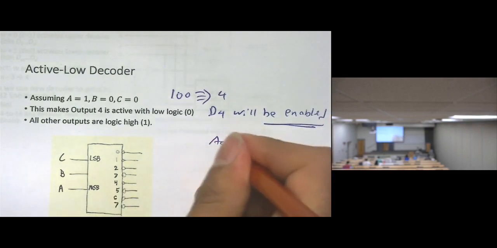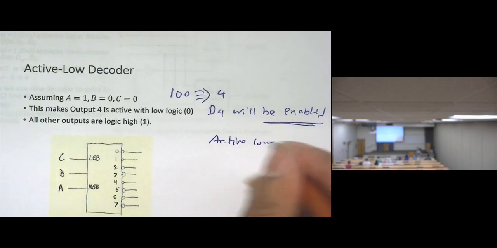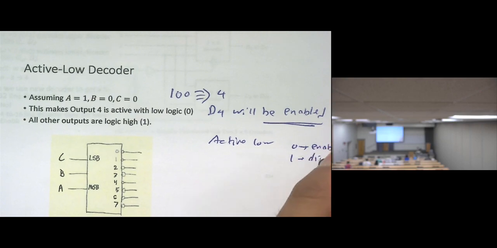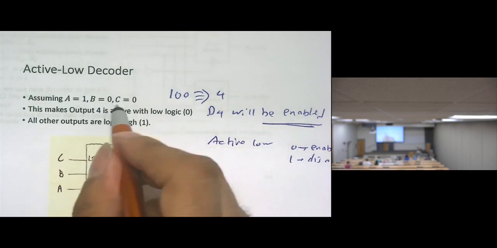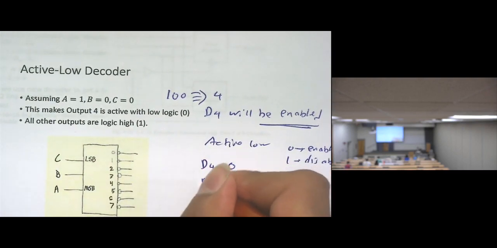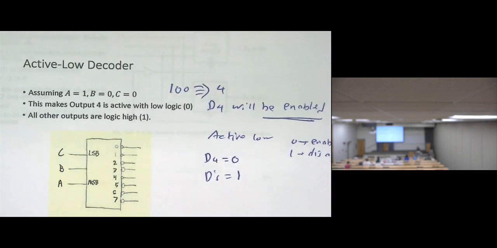But in active low, 0 means enable, 1 means disabled. So when I make the input 1, 0, 0, this makes D4 equal to 0, while the other Ds will be 1. You need to know just this for active low.